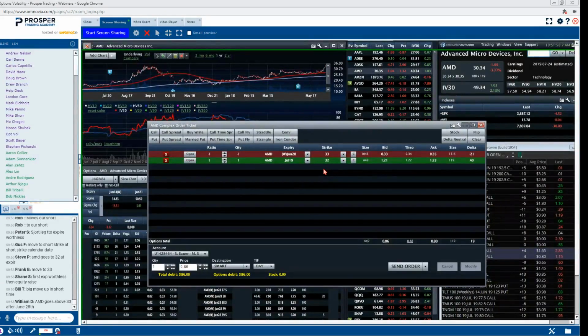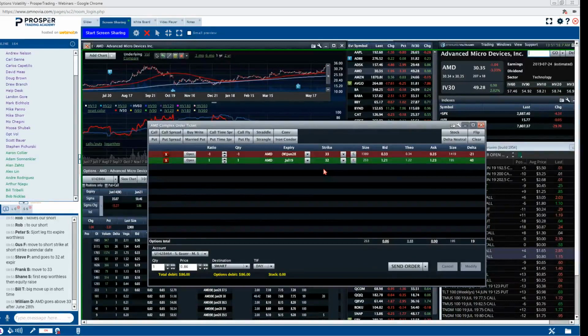However, if we move up towards 33 by June 28th expiration, that is the best scenario for us because we will keep all of the premium that we sold in our short option, while our long option, because we have a nice long delta to it, will continue to increase in value. So that is the best thing that can happen.